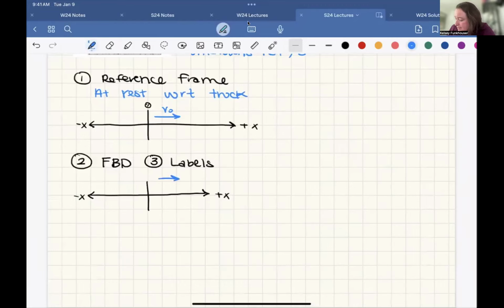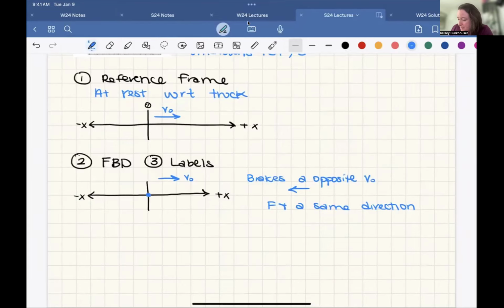Our initial velocity is to the right, but we're braking. So the acceleration needs to be in the opposite direction of the velocity. That means that acceleration needs to point to the left. And force and acceleration are in the same direction. So the force also needs to be to the left.